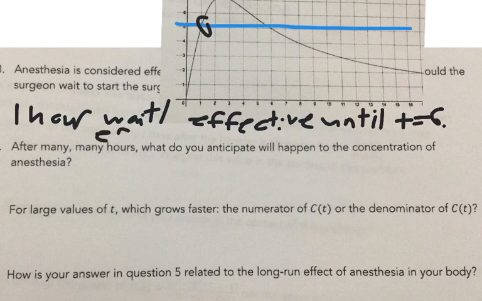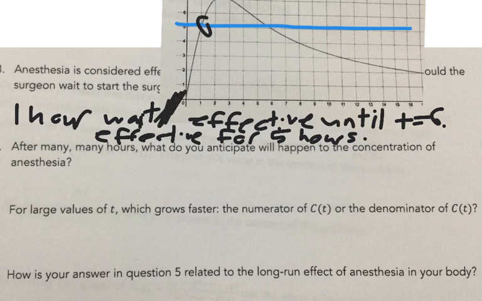So we could say it's effective for 5 hours. So they need to have 1 hour wait time. That's what my paper says. 1 hour wait, and then it's effective until t equals 6, which means it's effective for 5 hours. Questions there?